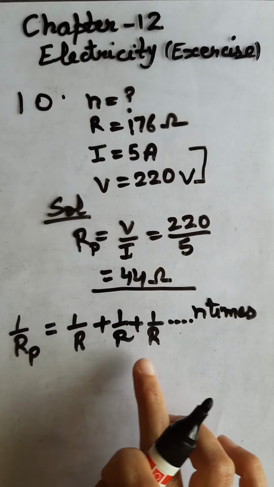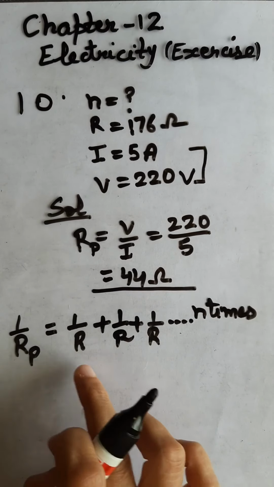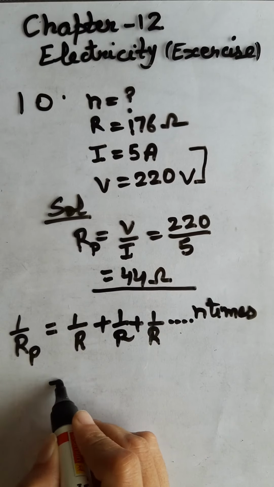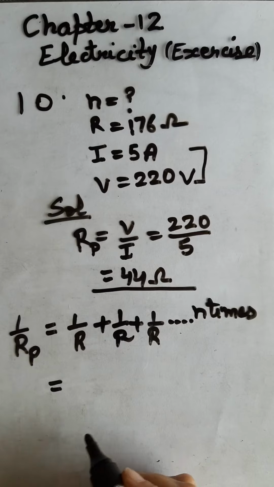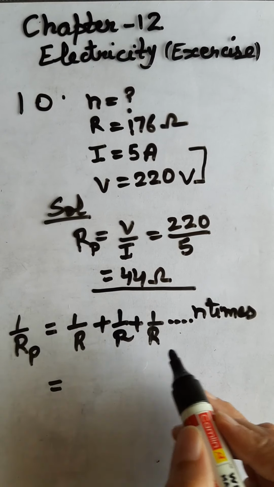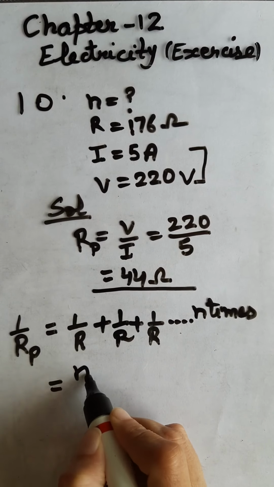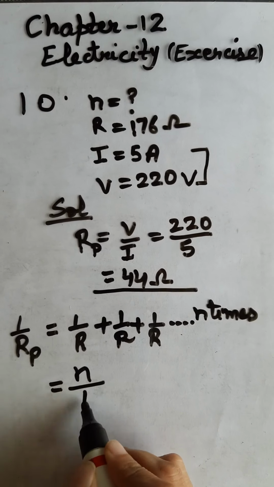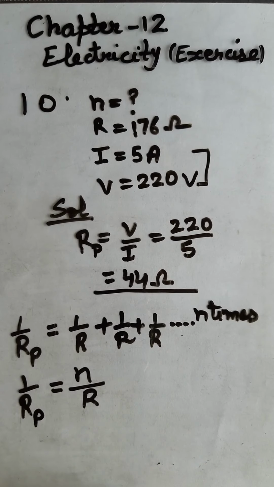We don't know what is the number n, but these have been added n times. Now when we combine these, as I told in question number 1, simply we write n divided by R. It is 1 by Rp.